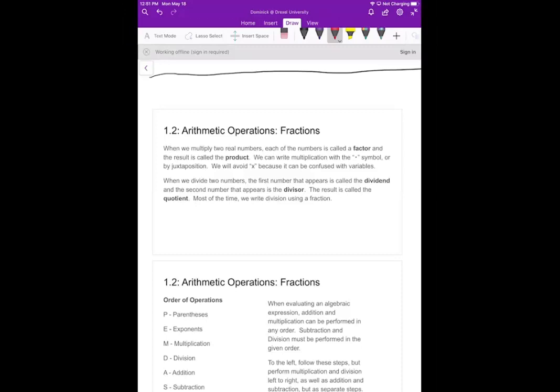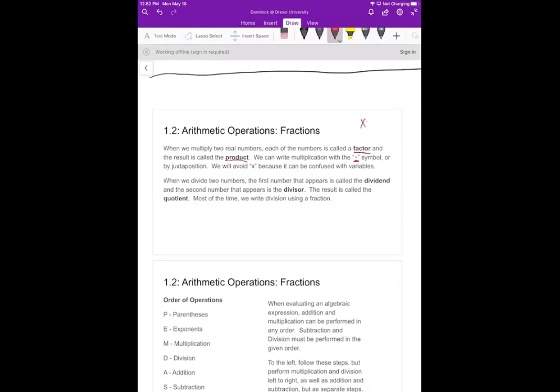All right, so just some terminology before we get started. When we multiply two real numbers, we call each of the numbers that are being multiplied together a factor. And of course, the result is a product. All right, now in this course, I'm going to use the dot symbol most of the time for multiplication, or I'll just simply write the numbers next to each other.